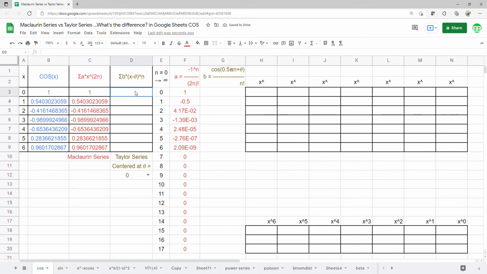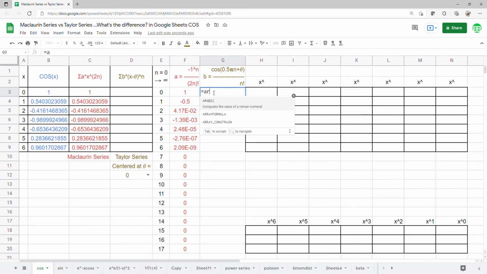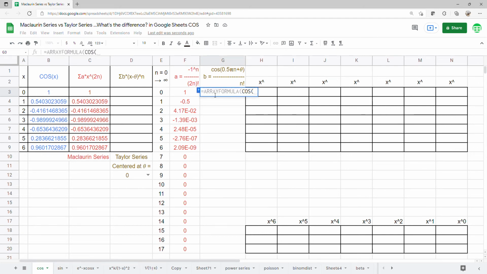Next, we continue with the Taylor series, which is the summation of b times x minus theta raised to the power n, where the value of b is ARRAYFORMULA cosine of 0.5 times pi times n plus the center theta, divided by factorial of n.